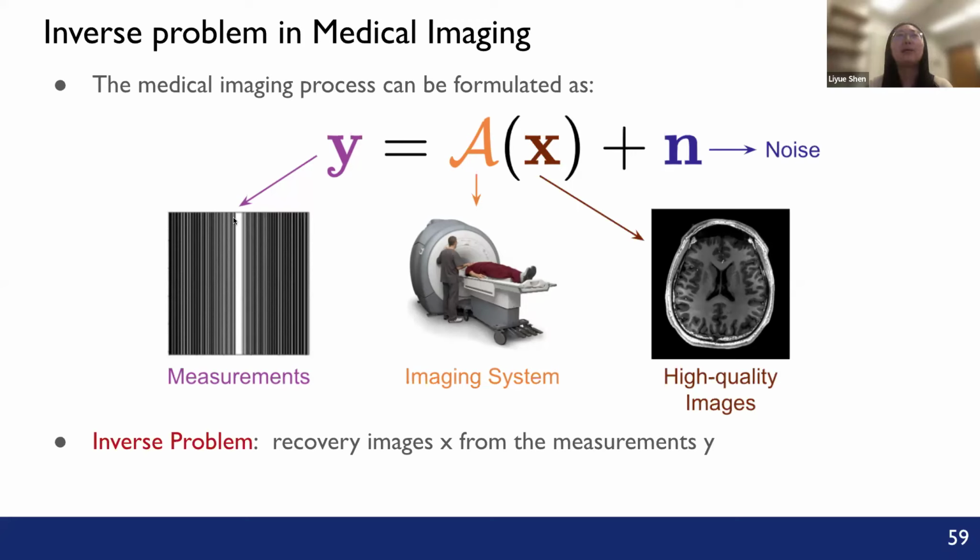And the Y is the undersampled measurement data, like the sparse view CT projections or the undersampled MRI acquisition space in the frequency domain. So in order to solve this inverse problem, we want to recover the target X from the measurements Y, given, for example in medical imaging, that we know what A is.